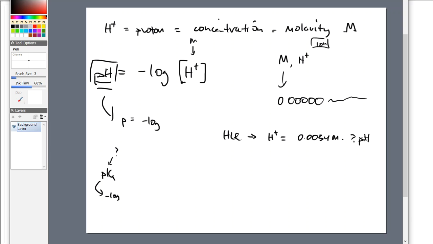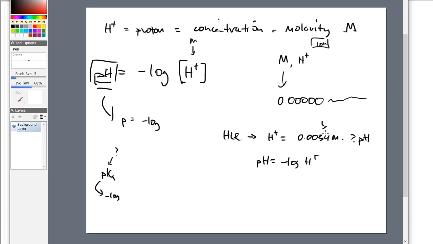What is the pH of this solution? It makes it sound more complicated than what it is. So you start with the pH equation, negative log of H plus, and you look at this number and you go, oh, there's my concentration.